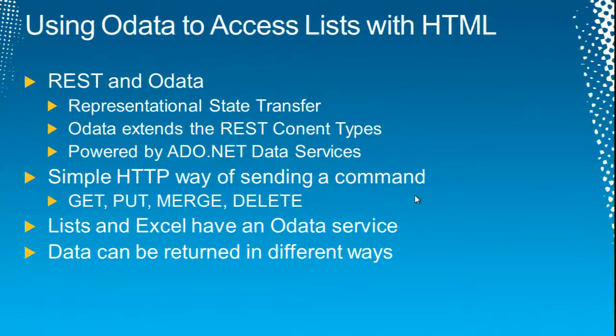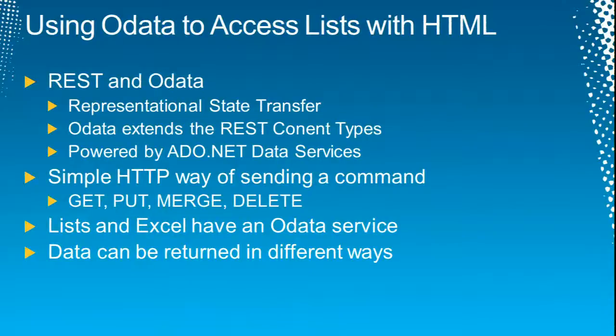Get, put, merge, delete. It's all powered by ADO.NET data services. So lists, Excel even has an OData service. Basically, all Microsoft products are going to have this URI accessible type of interface available as we move on.